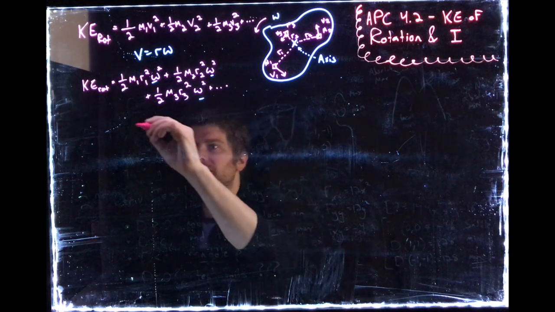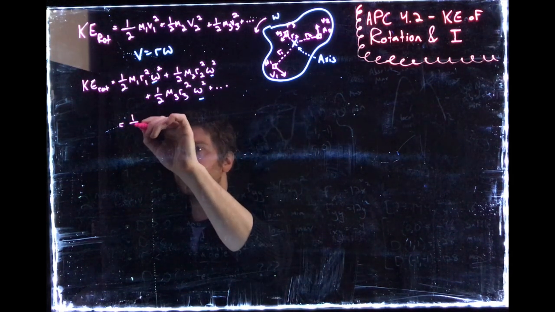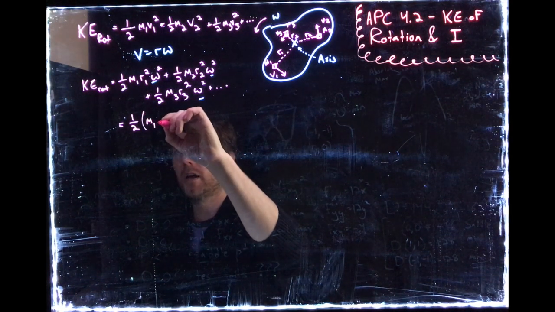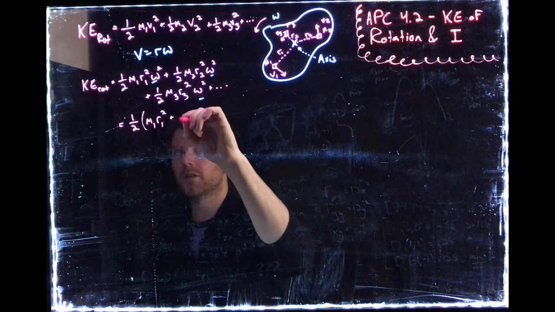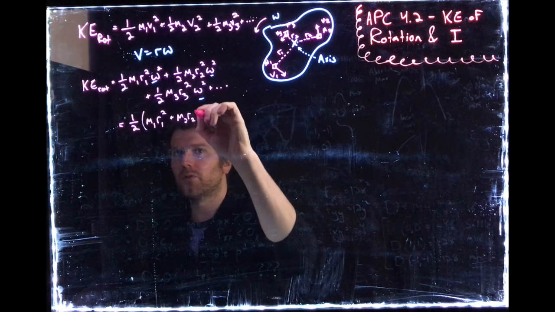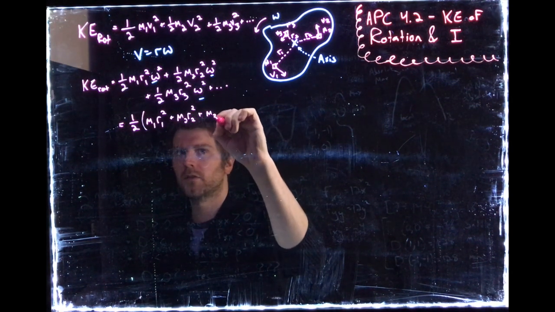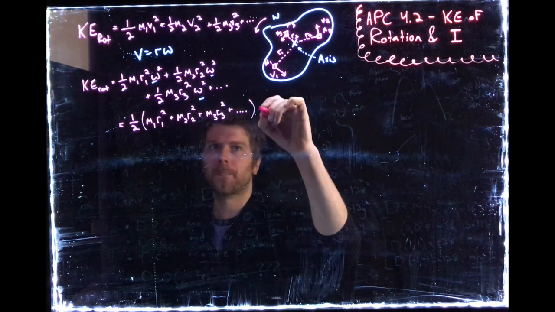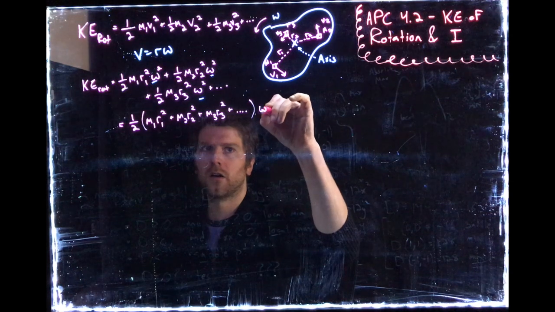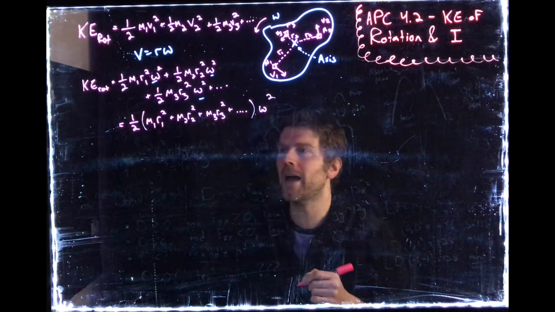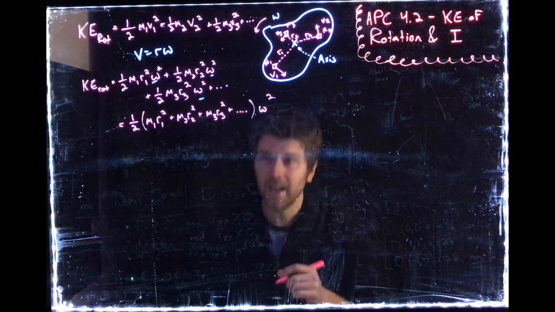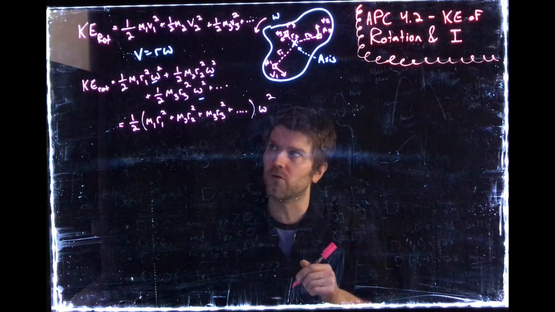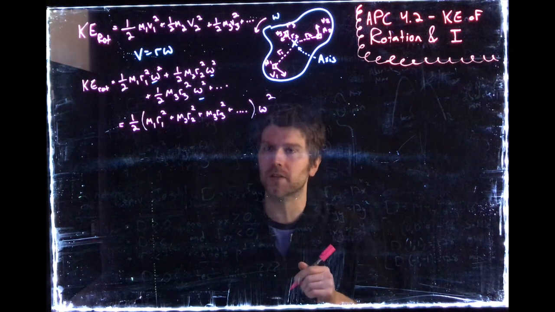Now, a funny thing happens. I can rewrite this. If I grab all of those M R squareds, M1 R1 squared plus M2 R2 squared plus M3 R3 squared, and I factor all those out, I get something that looks like this. 1/2 something times omega squared. And this is very tempting because this looks like our normal kinetic energy, 1/2 something something squared.